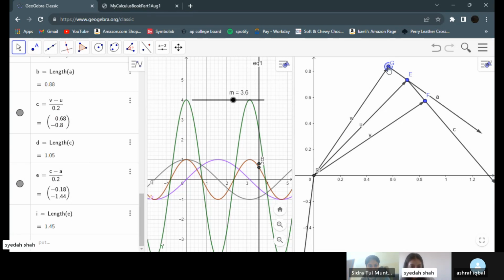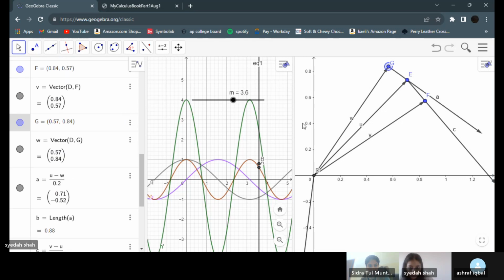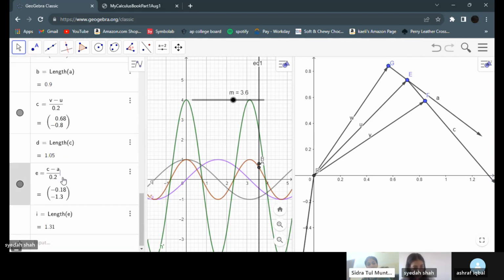I think it just got more. Actually, the number 0.2, which we are dividing with, is a very small number, so the system becomes very sensitive. No, it's fine.